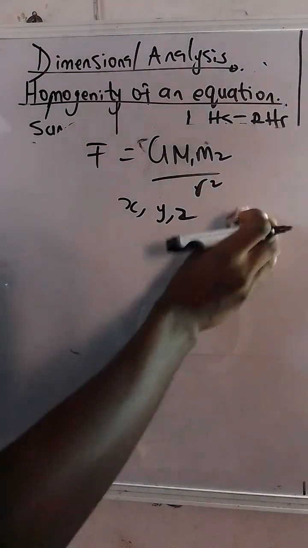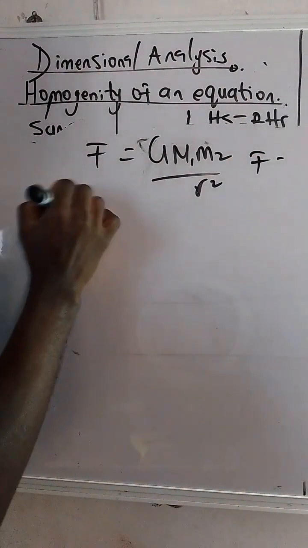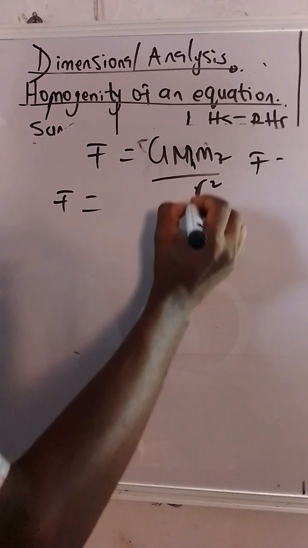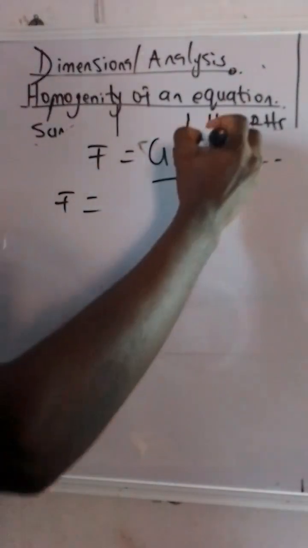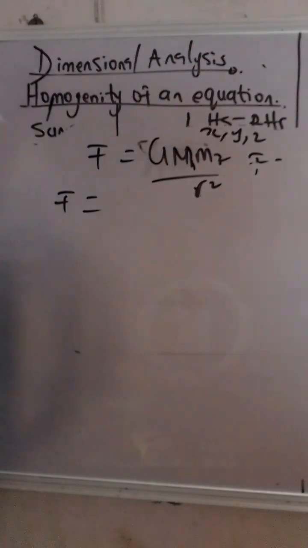And for you to get that, everybody knows that F is force, this is mass 1, this is mass 2, and this is distance r square. Now how can you look for this x, y, z? It is very, very simple.